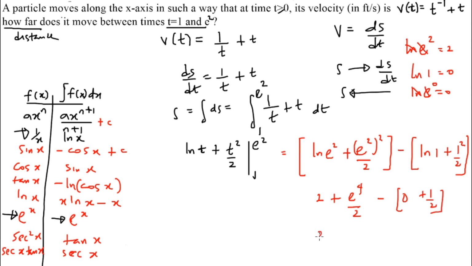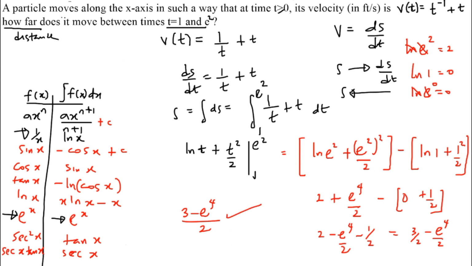So it's like having 2 minus exponential 4 over 2 minus 1 over 2. And of course 2 minus 1 over 2 is 3 over 2, then minus exponential 4 over 2. So eventually I'll have 3 minus exponential 4 over 2 as a final answer.